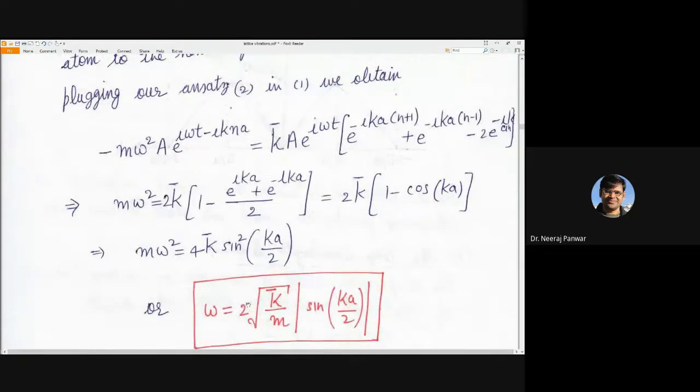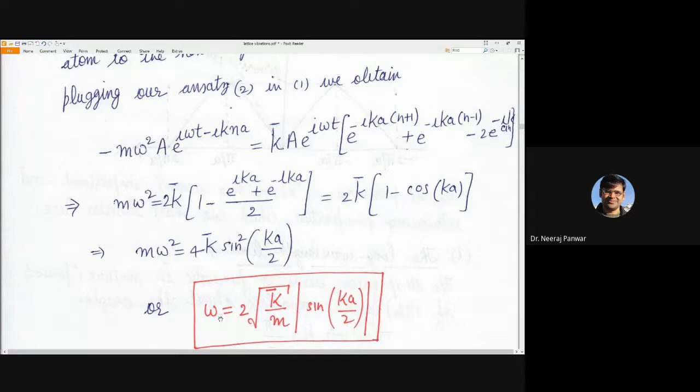Or we can write the expression for omega in terms of k, because here we are having k. That's why in the beginning I wrote k bar, which is different from this k. It denotes the spring constant, and this k is the wave vector.